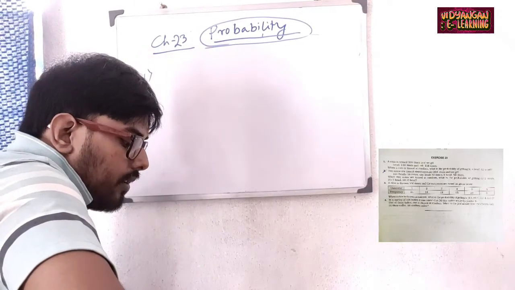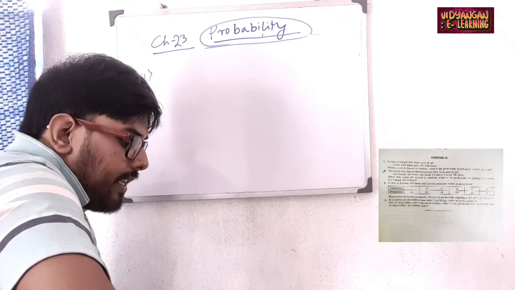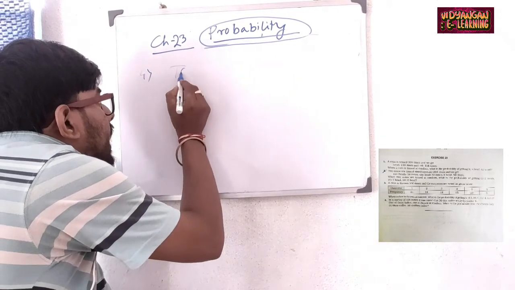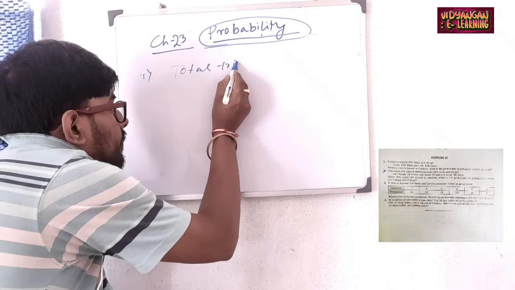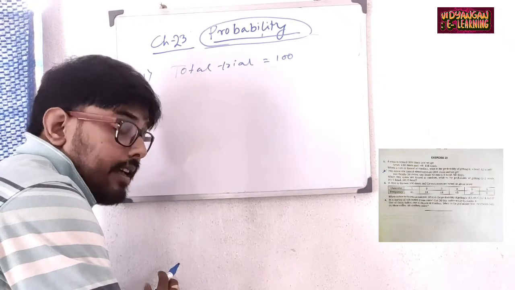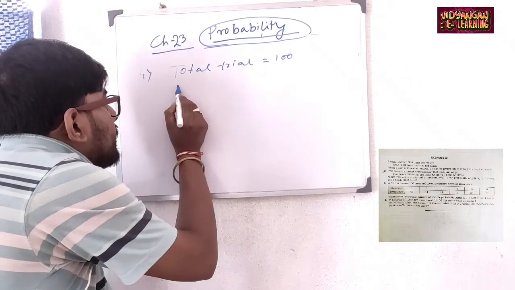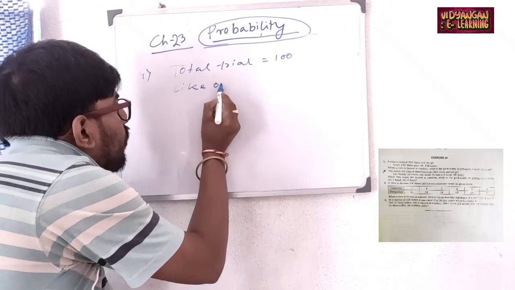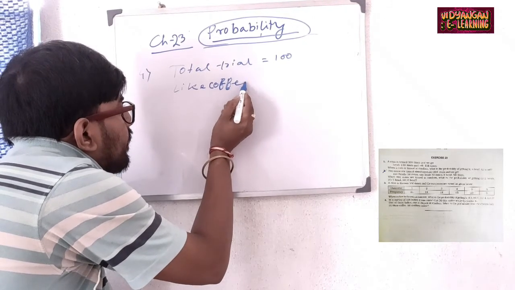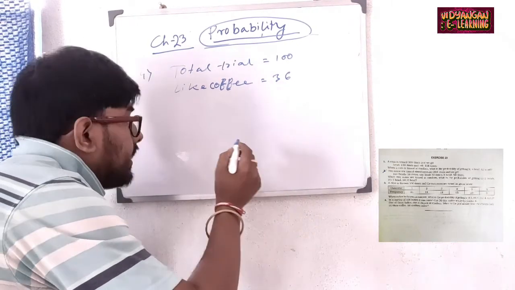Question number 4. It says, in a survey of 100 ladies, it was found that 36 like coffee while 64 dislike it. Total trials is equal to 100, as there are 100 ladies, and out of them 36 like coffee and 64 dislike coffee.